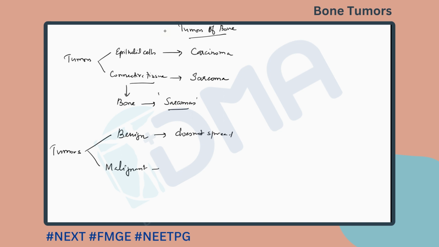But malignant tumors are usually aggressive tumors. They spread to other parts of the body, which we call metastasis. Benign tumors will not spread anywhere, whereas malignant tumors spread to different parts of the body.